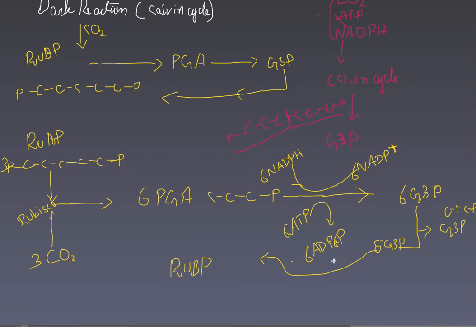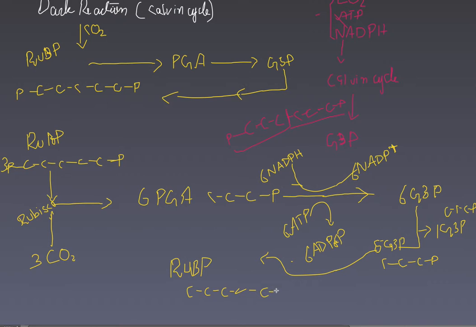We start off with the G3P molecule. Out of 6 of these molecules, only 1 leaves the cycle, and the 5 return back. So these 5 three carbon chain molecules eventually go back, and they are restructured into, again, a ribulose biphosphate molecule. And how does it happen?